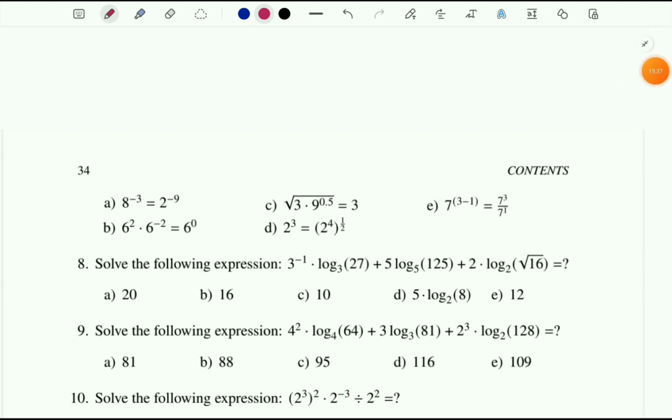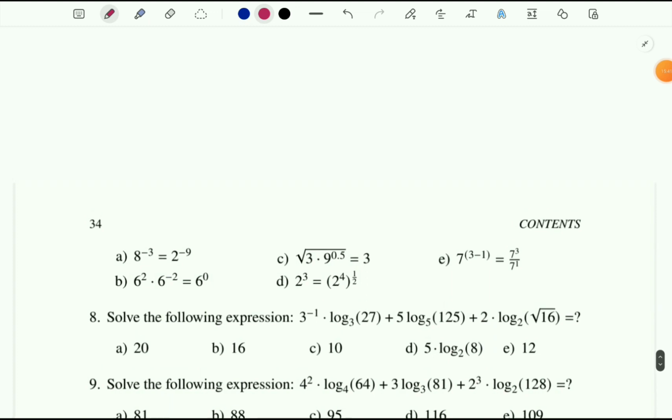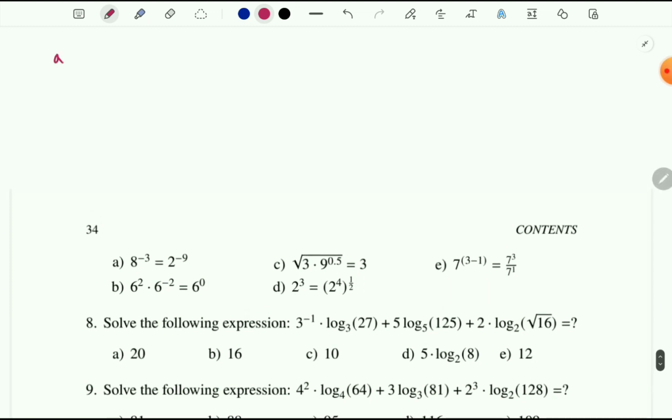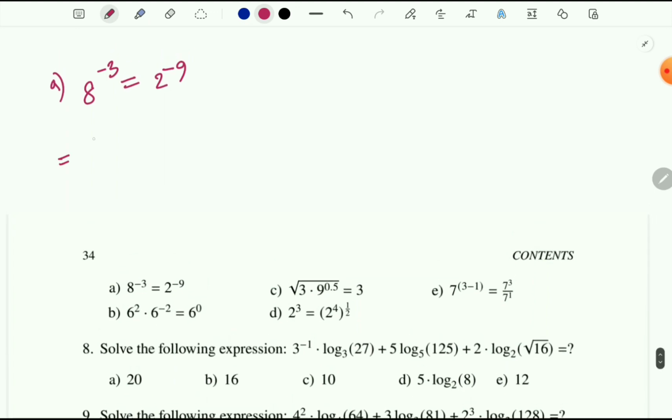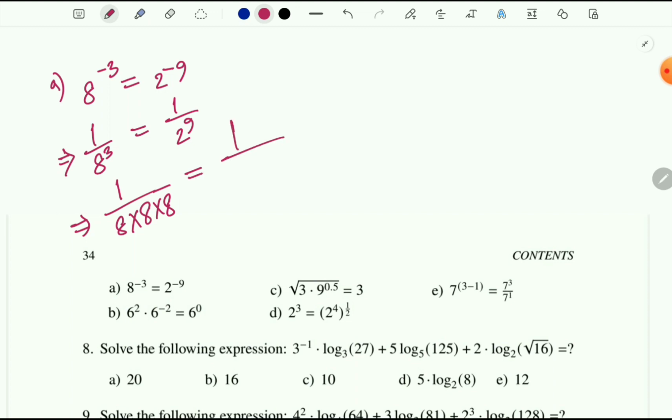Option A, it's given 8 to the power -3 equal to 2 to the power -9. So we can write this way: 1 by 8 cube equal to 1 by 2 power 9. We can rearrange this way: 8 into 8 into 8, and this is a big power, so we have to consider it separately, like a smaller power. Let's say 2 power 7, it's easy to remember, 128, therefore we write like this, and 2 power 2, so total 2 power 9.